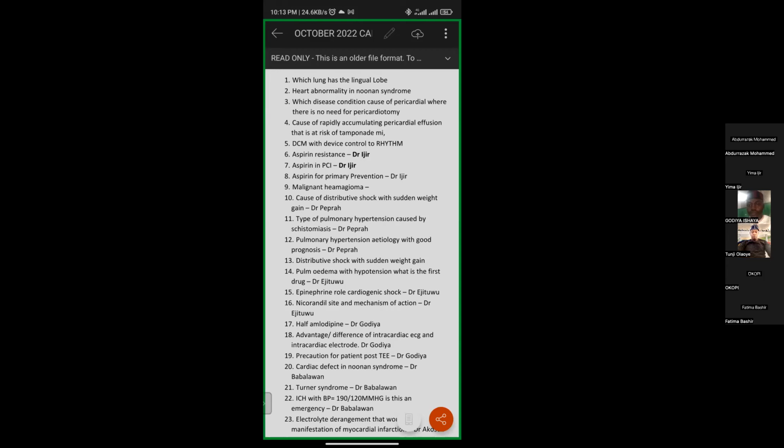So it has been there over time. I can't remember when it was developed, but people have been using aspirin for quite a long time and it has been effective. So if this aspirin, for whatever reason, fails to suppress the platelet action or production of thromboxane, you say it is aspirin resistance.